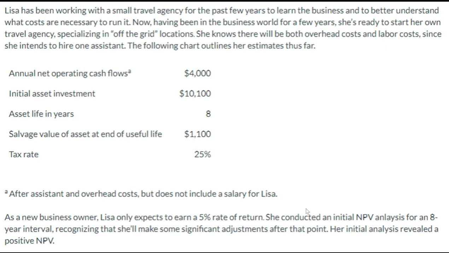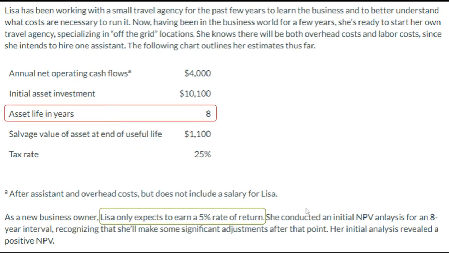Okay, now we need to figure out where to look on those tables. So it tells us in the problem that Lisa only expects to earn a 5% rate of return. So that's the discount rate we're going to use. And our project has an 8-year life, so that is the N, or number of years, we're going to use. And this is an annual calculation, so we don't need to make any adjustments as far as our number of years or our rate.